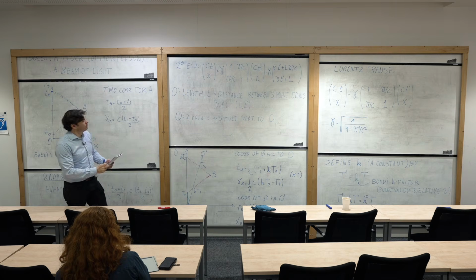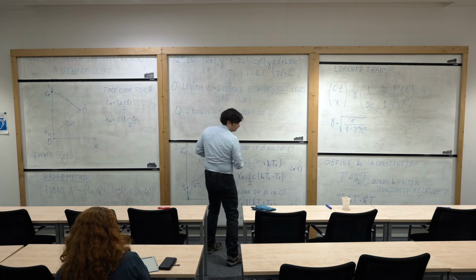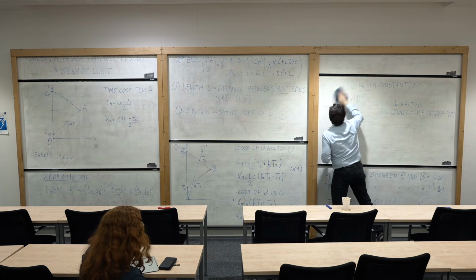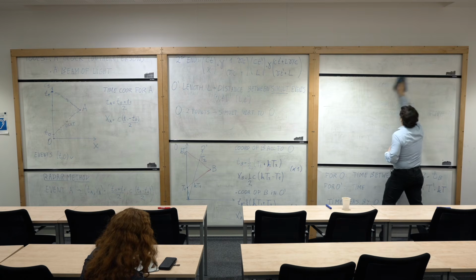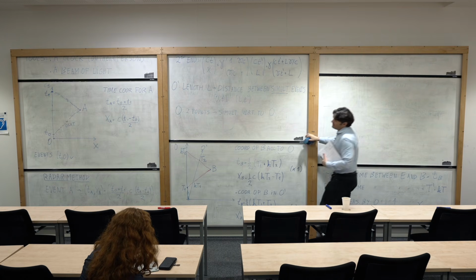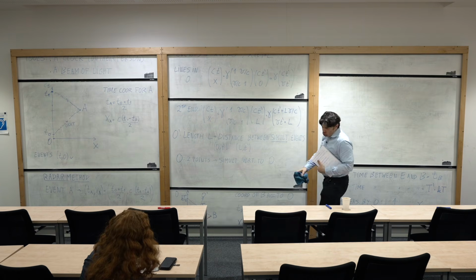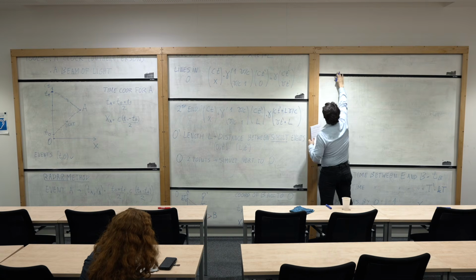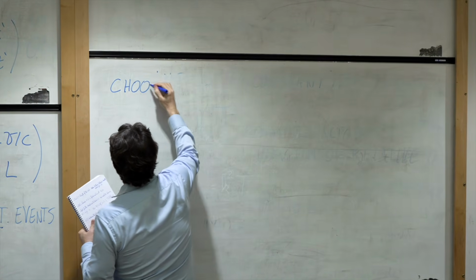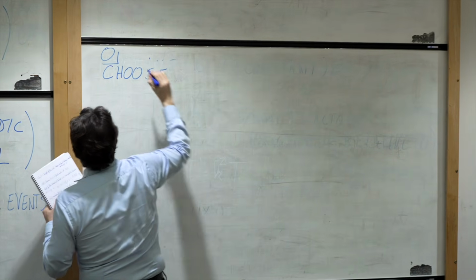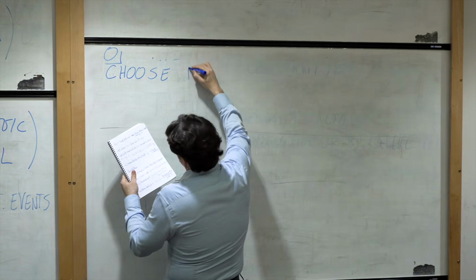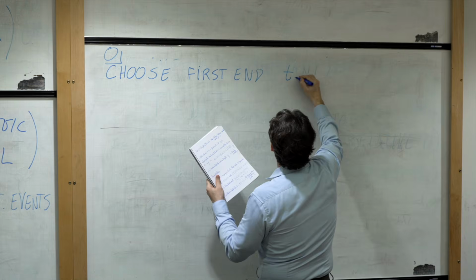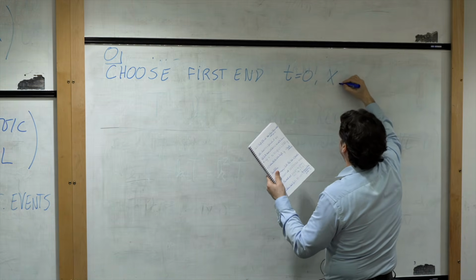So let's write it here. Let's say then that you are O now, and you choose the first end at t equals 0 and x1 equals 0.